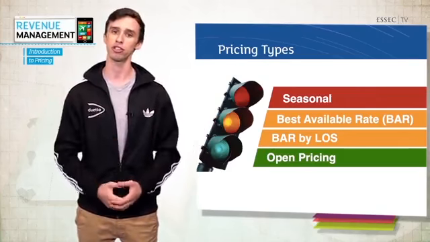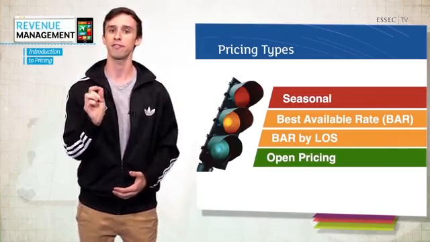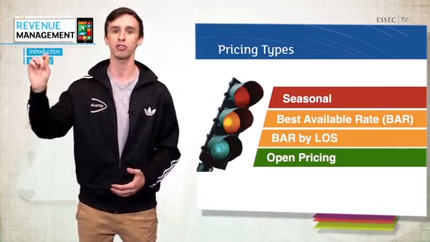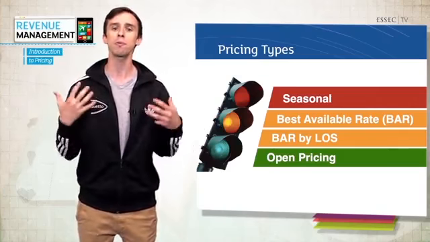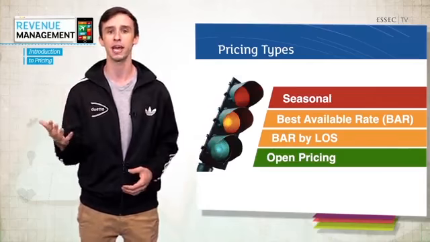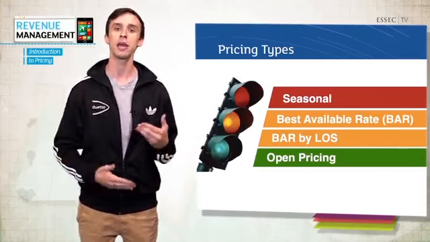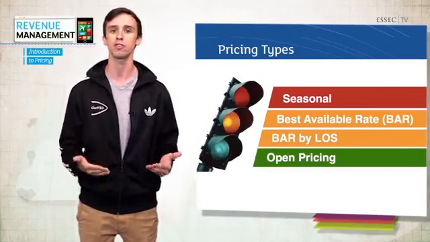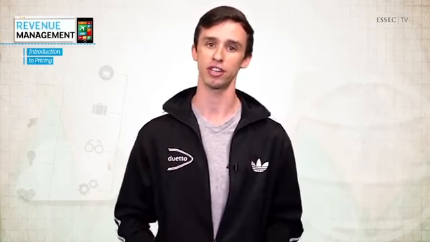Unlike the BAR approaches, which have one master rate that fluctuates at static differentials between segments, open pricing enables each channel and segment to be independently priced based on the latent demand for each of those channels and segments. Open pricing provides the opportunity to yield all channels, segments, rates, room types, and promotions independently instead of manipulating prices through static derivatives and restrictions.